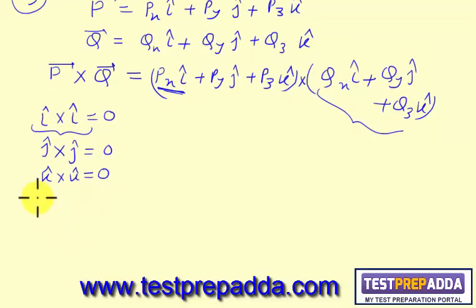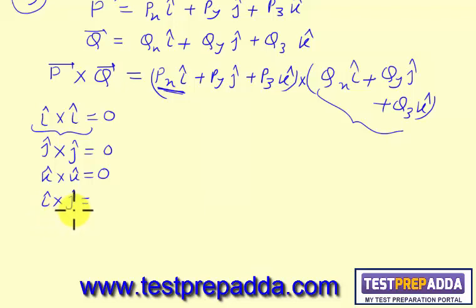But what about I cross J? I cross J, they are at 90 degree, and sine 90 is 1. But what will be the direction of the unit vector?